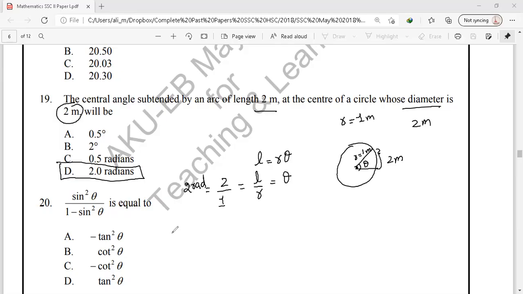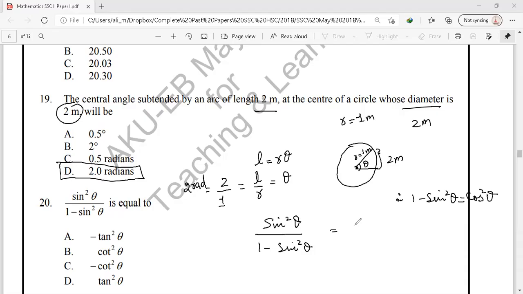Next, we have this question number 20. And in question number 20, we have to simplify this trigonometric expression into a simplified form. So as we can see, we have this 1 minus sin square theta, that is equal to cos square theta.